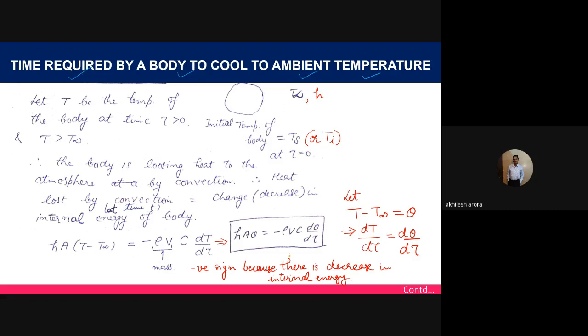So what we have shown here is a solid body. The surrounding temperature is T infinity and the surrounding heat transfer coefficient is h. Just try to focus here. We can also call the initial temperature of the body, when the time is considered as 0, equal to Ts, or sometimes Ti.